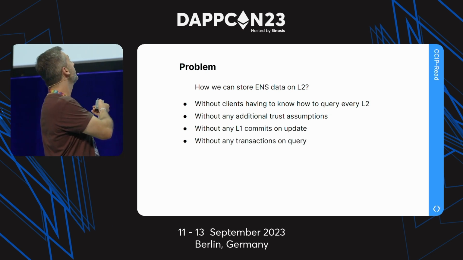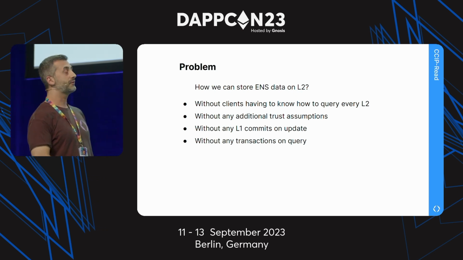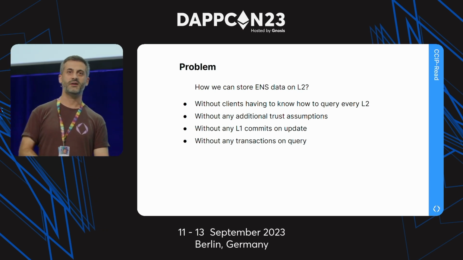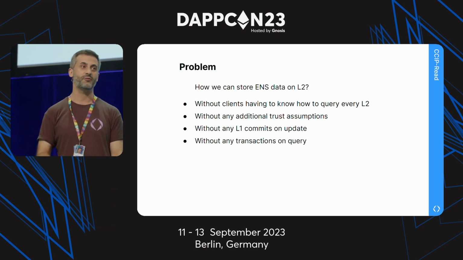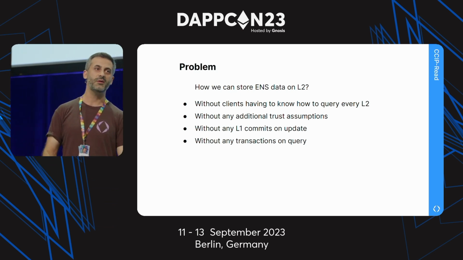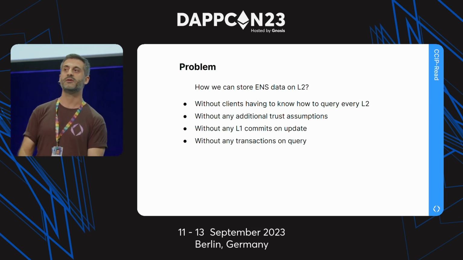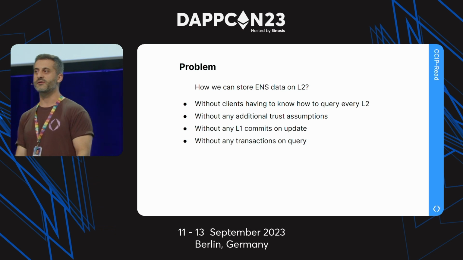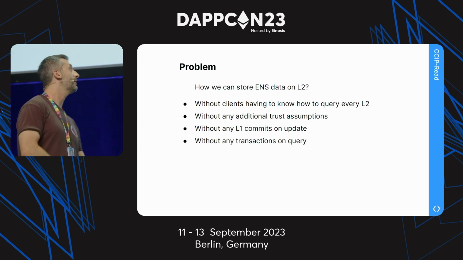It's nonsense. And without any transactions on query, so it's more or less the same. ENS as a protocol relies more on reading, not writing. So you are writing once maybe, but then when you retrieve your data or some other decentralized application retrieves your data, they are literally just going to the blockchain and querying the things, and it's more about reading.